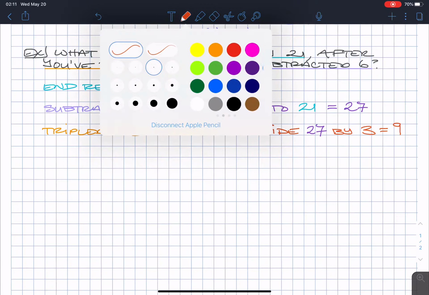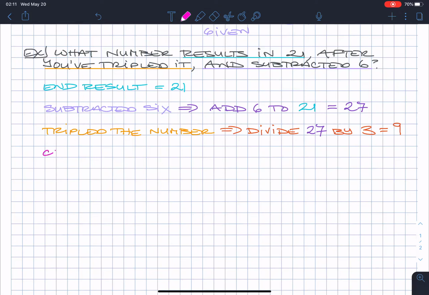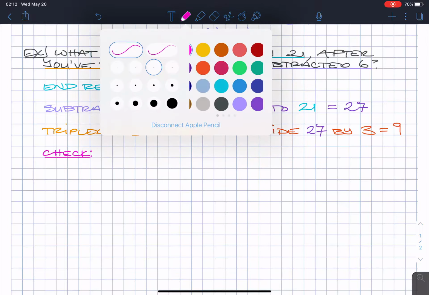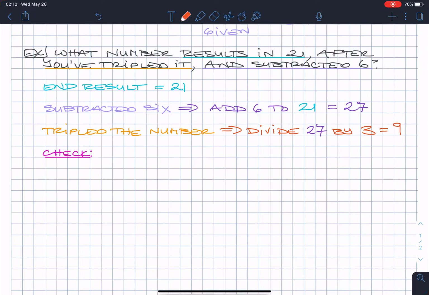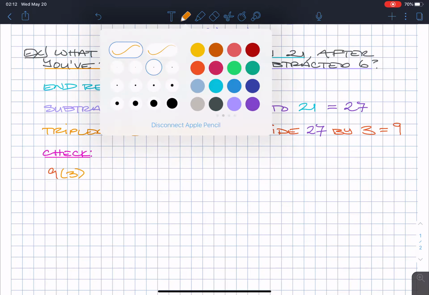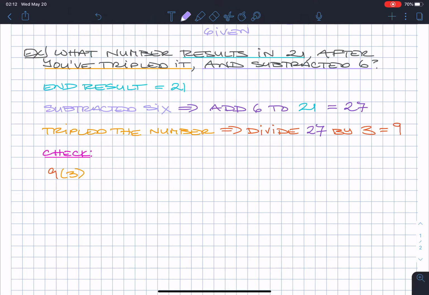Well, let's check. So if I started with 9 and I tripled 9, and then I subtracted 6, what would this give me?